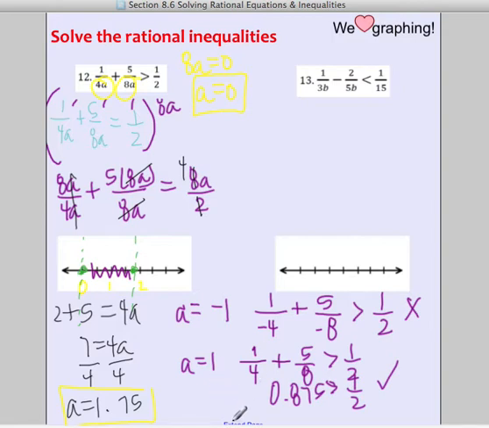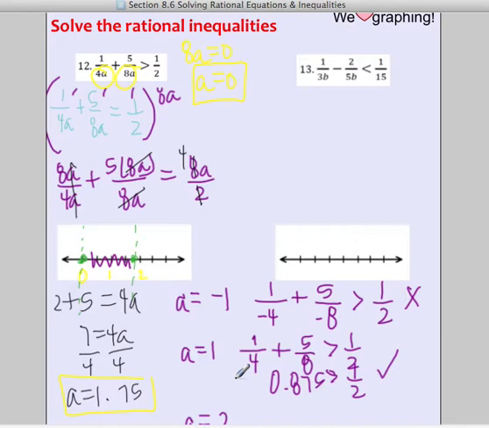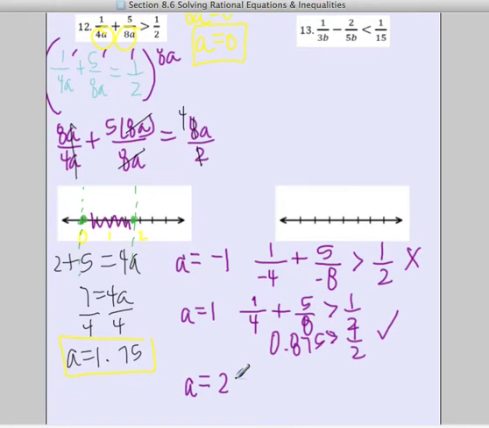Now the last thing I need to do is check a number that's bigger than 1.75. So I would check a equals 2. If I plug in 2 to my original inequality, I would have 1 over 4 times 2, so 1 over 8, plus 5 over 8 times 2, which gives me 5 over 16.